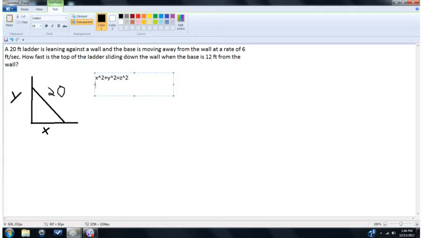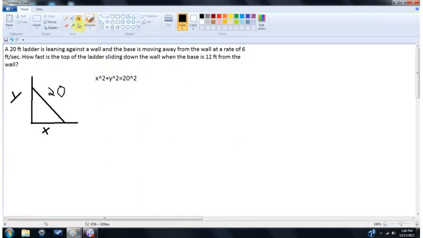And we simply plug in our numbers. So our ladder is our z, so that would be 20 to the second power.